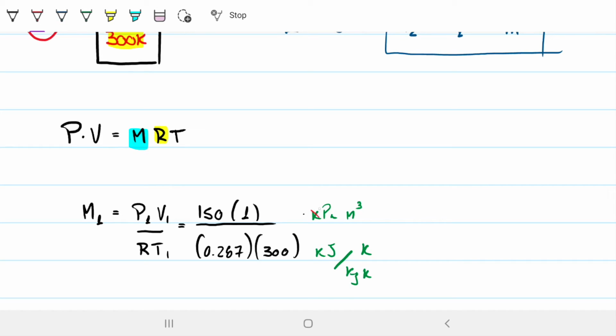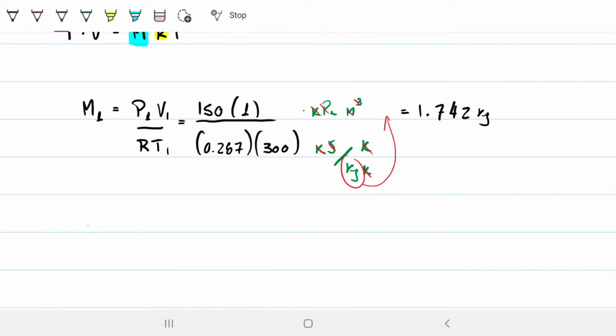Note how kilojoules and kilojoules go away, Kelvin and Kelvin go away, and I have kilogram dividing, which is going to be my unit for the mass, which makes total sense. And what did I get? 1.742 kilograms. So this is the mass on state 1.